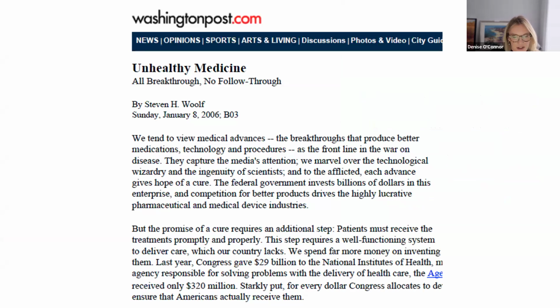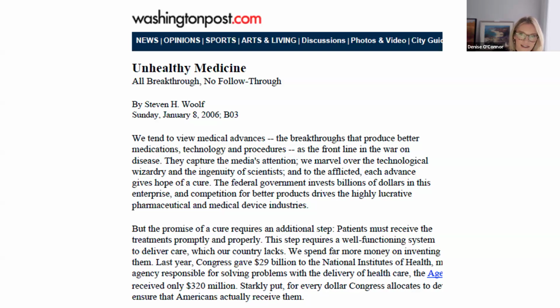Failures of research translation have also been known for quite some time. This editorial was published almost 2 decades ago by Stephen Wolfe in the Washington Post. It called for more effort and funding to be allocated to translating proven, effective tests and treatments into routine care, rather than focusing on medical breakthroughs. You can see, unhealthy medicine: it's all breakthrough and no follow through.